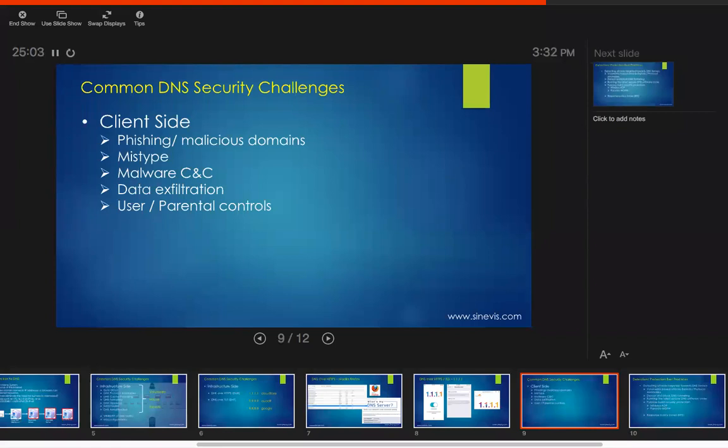User and parental controls, a very new, recent discussion: using DNS, how we can control our users, allowing or disallowing any particular website or category of websites.